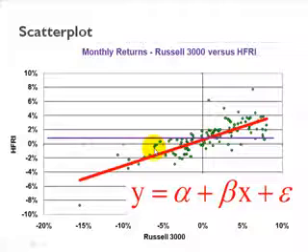We can square those and sum those. That gets us a big number. This line attempts to minimize that number. Ordinary least squares attempts to minimize the sum of the squared differences between the actual observation and the predicted y on the line.